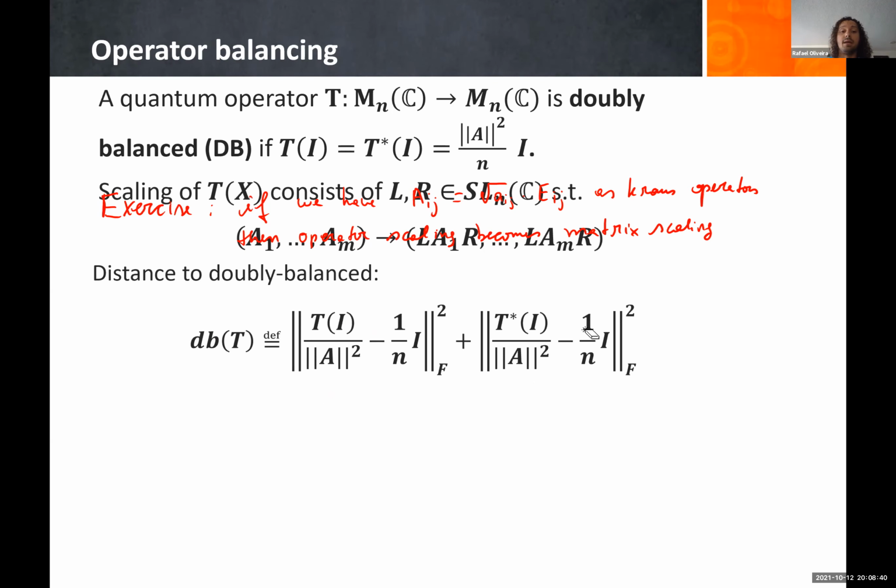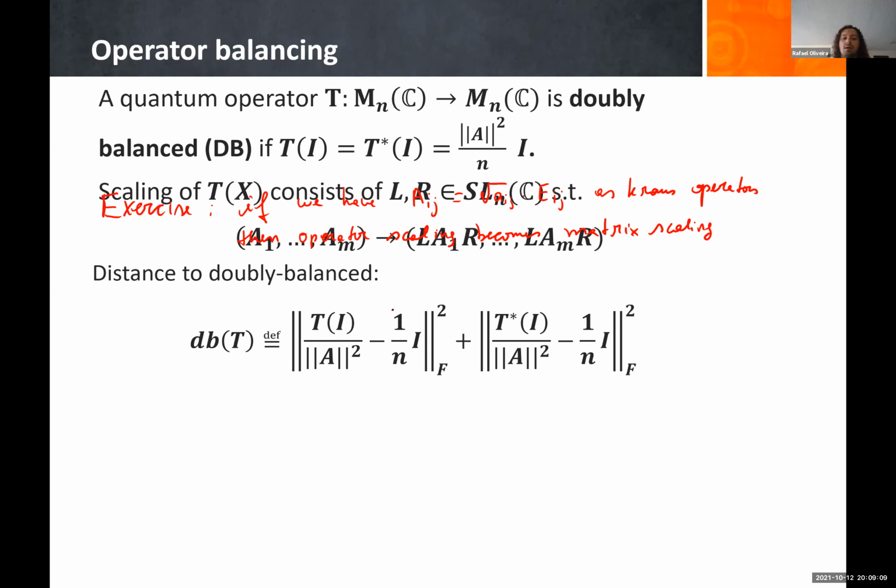And then Gurvitz also generalized the distance to doubly balanced. If the condition for being doubly balanced is that Ti and T star of I are multiples of the identity, then the distance to doubly balanced is exactly the distance as a vector from our matrices Ti to the identity and T star of I to the identity.